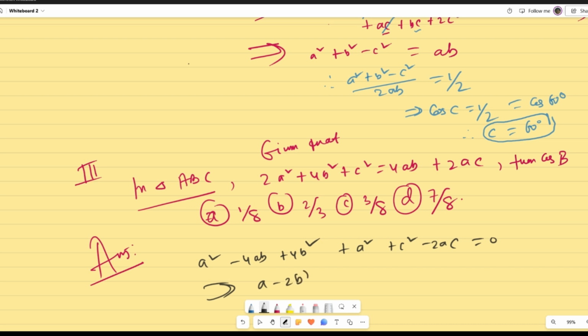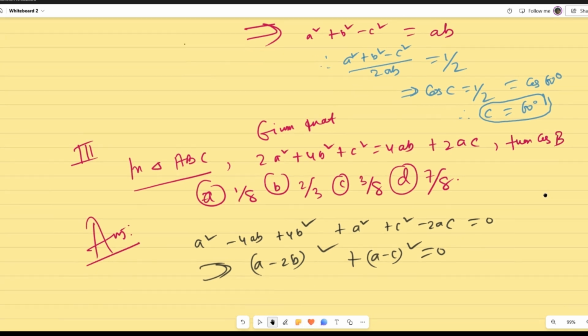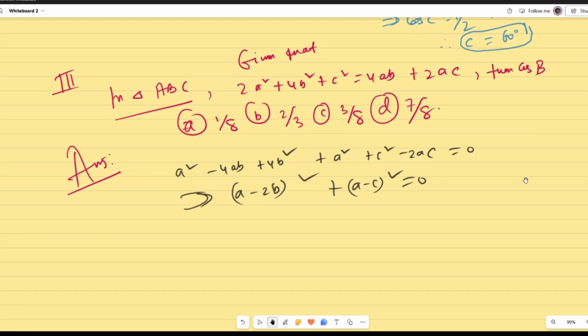What's the advantage? A minus 2b whole square plus A minus c whole square equal to 0. Under what condition do you say that sum of two squares will be equal to 0?